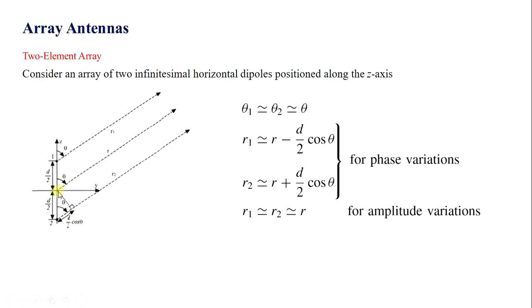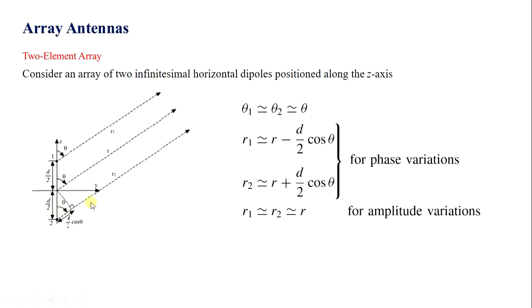When we draw this line, it forms a right angle triangle and this variation is in the theta direction. If we calculate this, sin of 90 minus theta is equal to cos theta, and this part will be d by 2 cos theta.